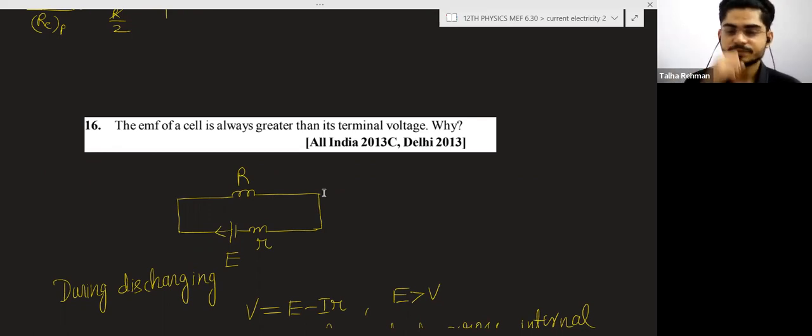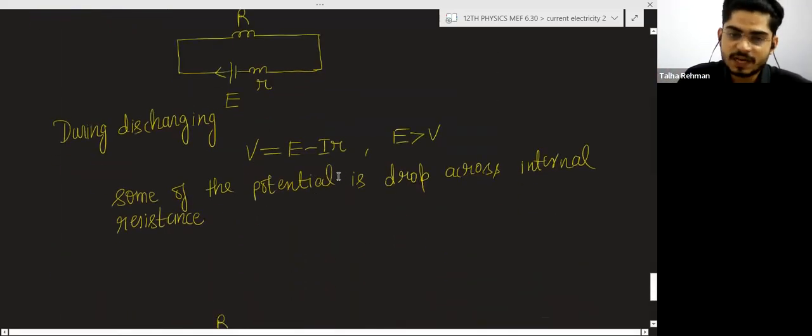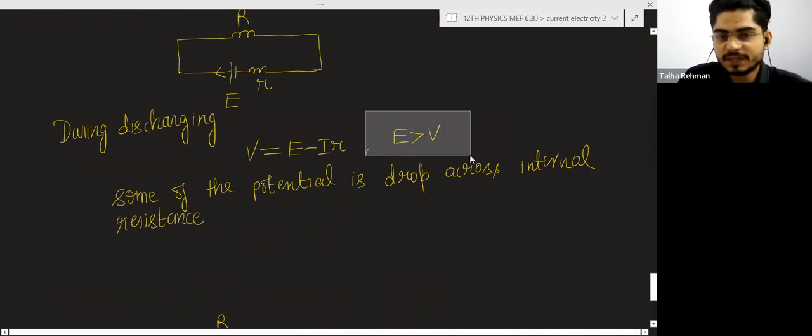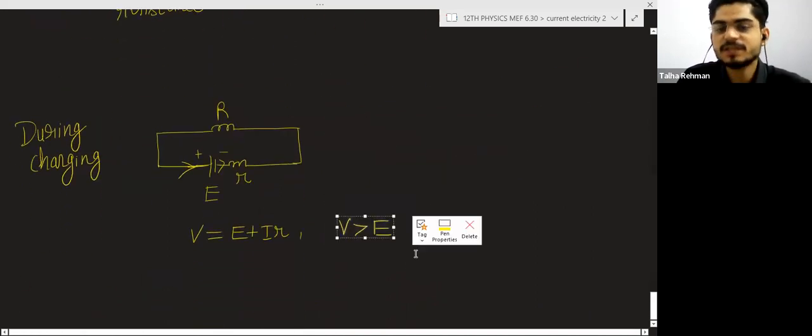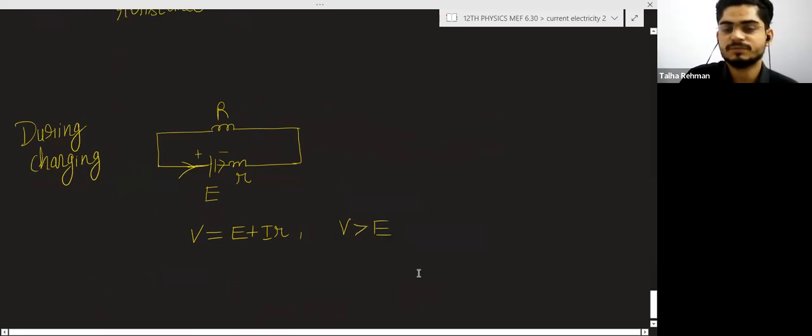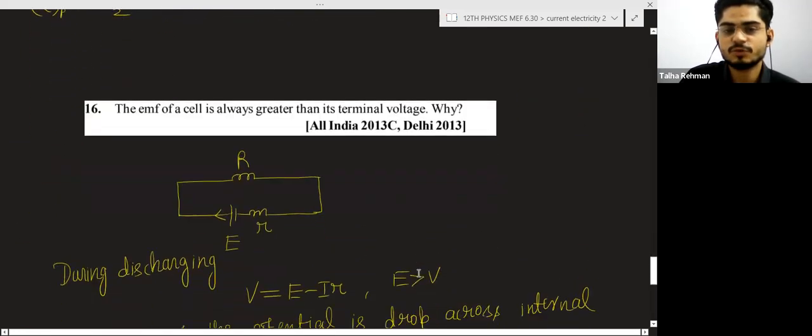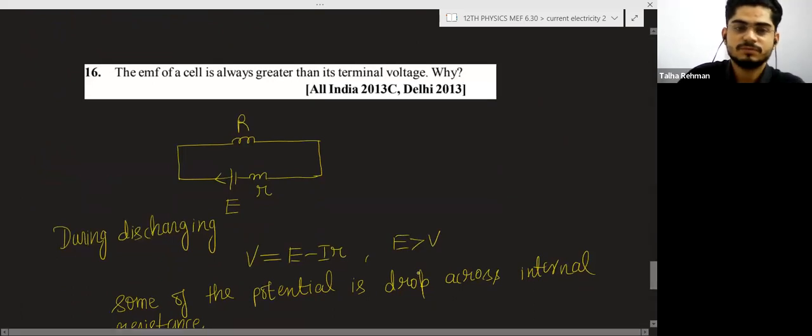But the terminal potential is not always greater than the EMF, and the EMF is not always greater than the terminal voltage. During discharging, EMF is greater than terminal voltage, but during charging, terminal potential is greater than the EMF. So just note this down.